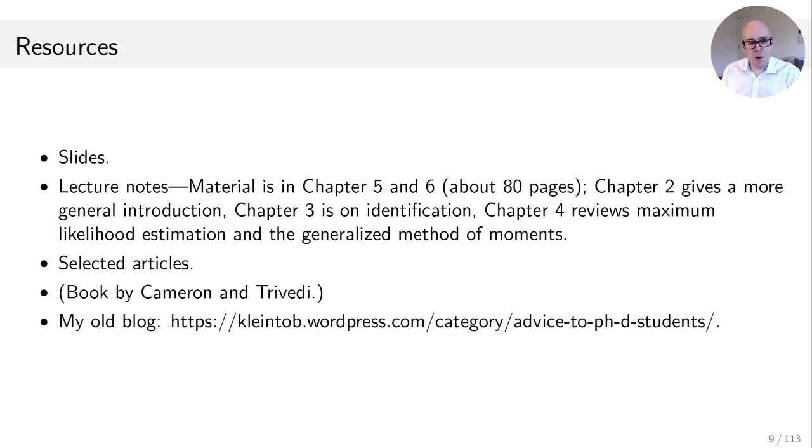And if you want to broaden your perspective and read a little something about what I've been thinking, you can go to my blog that I don't maintain anymore at this point. These days it's more like micro-blogging, so people share views on Twitter. That's what I'm doing as well. But you can also go to my old blog to learn about a few things that I've been thinking about. Again, some classical things in econometrics that I'm discussing there.